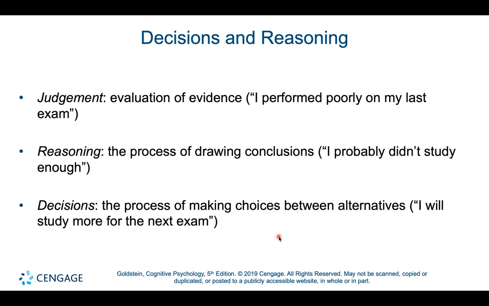Okay, so let's get some definitions out of the way. Judgments are evaluations of evidence. So a judgment is an evaluation of evidence. Take this example. I performed poorly on my last exam. Right? That's an evaluation of evidence.